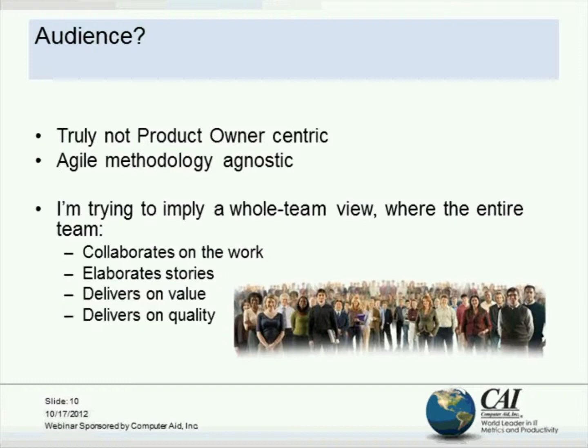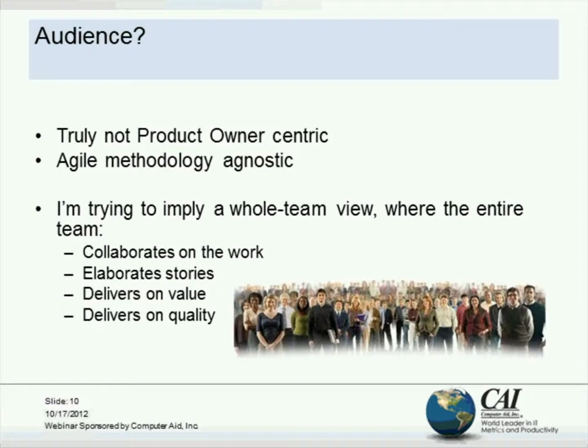So the audience for this talk is truly not product owner centric. It's the team. So I want to talk to the whole team if I can. Any team member, I hope, gets value from it. Any Agile team member. Even though the terminology will be Scrum centric, I just typically talk in terms of Agile terms with Scrum.